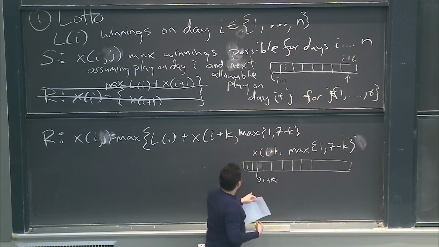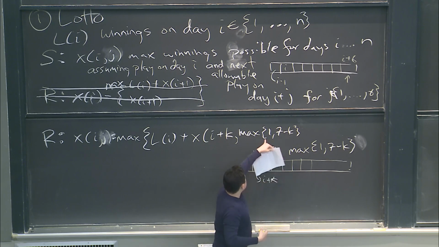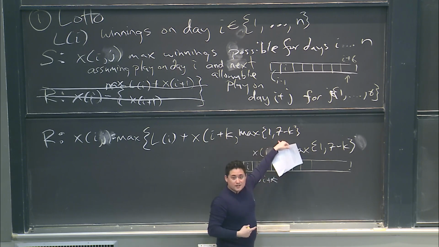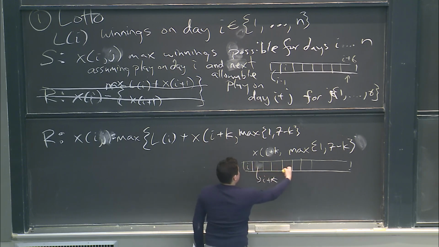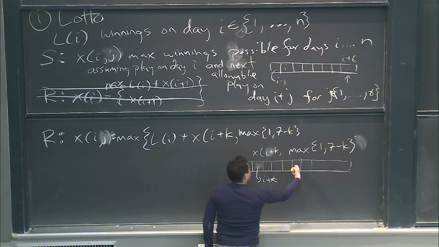But then this needs to be some number between 6 and 1, right? And so I can just check the other bound, right? If this is the most restrictive, right, then this should be 6, right?